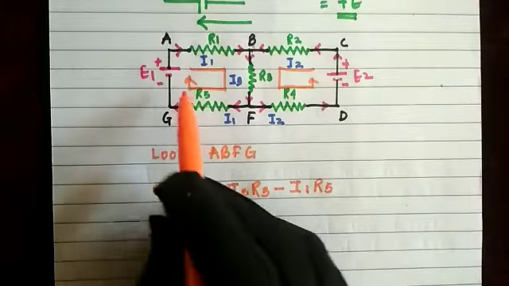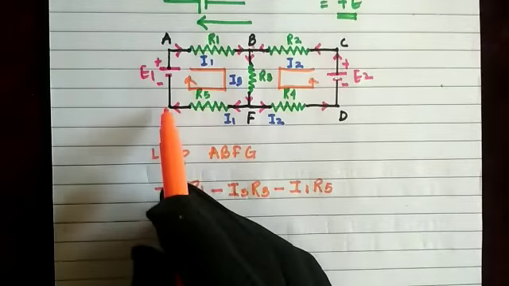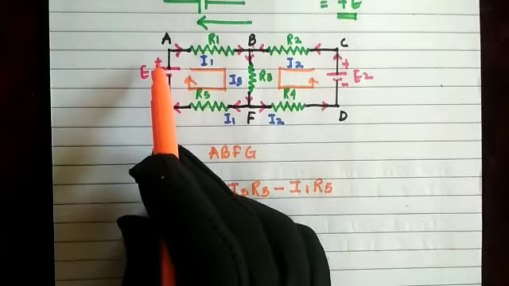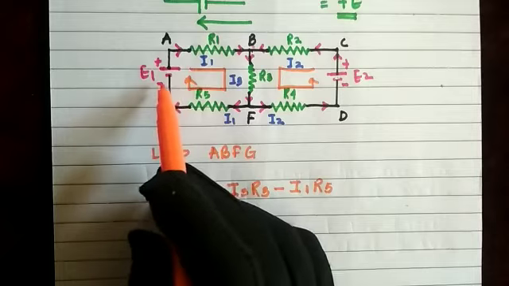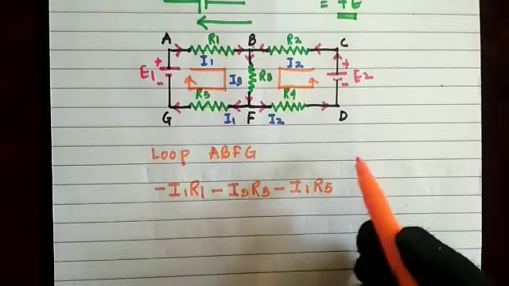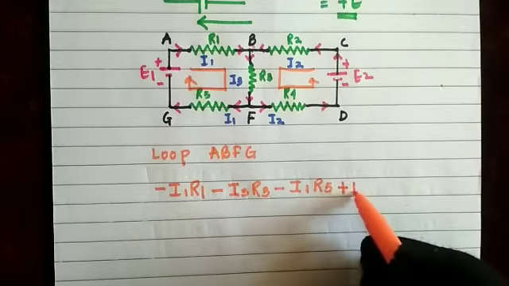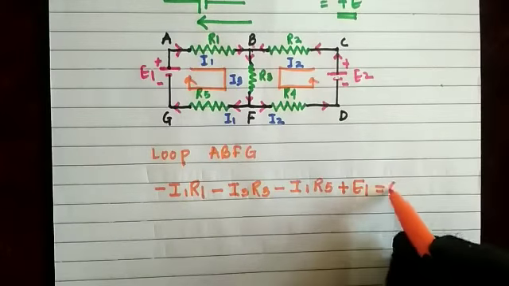Then here our tracing direction is G to A. That means we are going from the negative to the positive terminal of the EMF of the battery, so the EMF will always be positive. So E1, nothing else is there, is equal to 0.